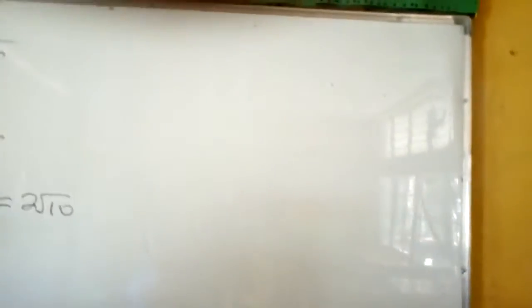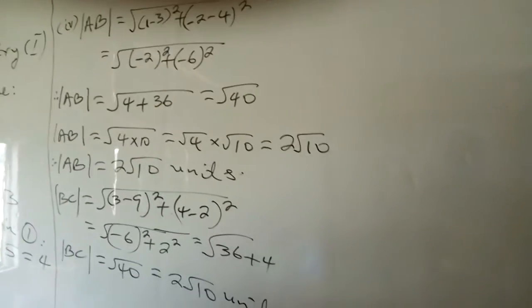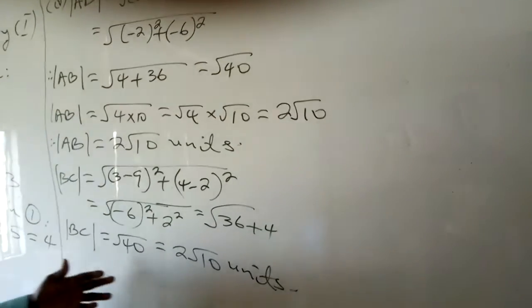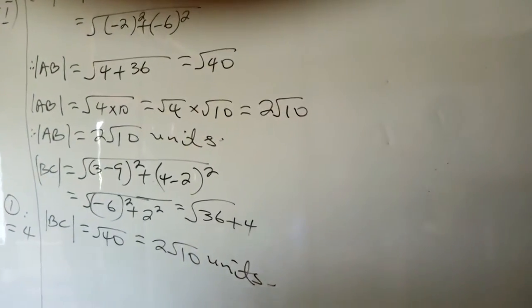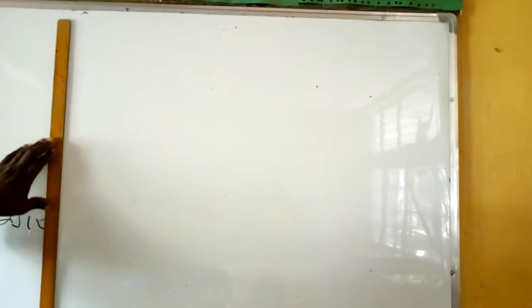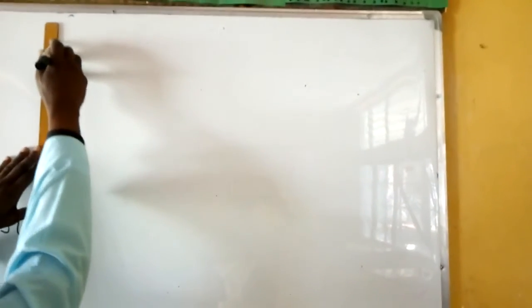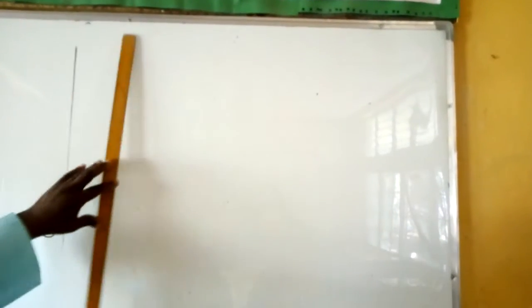Even from our answer to Roman figure 4, we can see that AB is 2 root 10 units and BC is also 2 root 10 units, which proves the shape to be a square, since both the length and the width are equal. So it means that the geometric figure is a square, and I treat it as such.